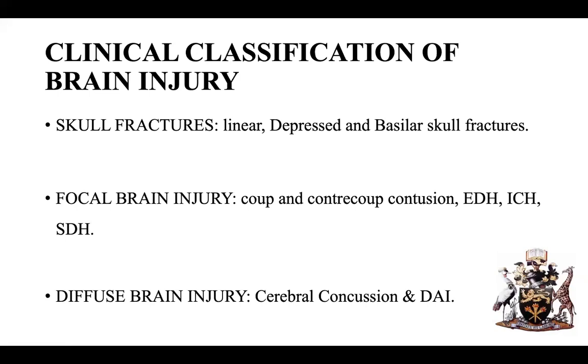You can have focal brain injuries, and here you can have the coup and contra-coup contusions, or you are hit on the side of the head and you get a temporal epidural hematoma and ICH, and the injury is focal to the area of the bleed. Or you can have diffuse brain injury, which can range from the mild concussion, which we usually call the mild head injury, to diffuse axonal injury, which is more common in severe head injury. And the prognosis can be good in concussions and poor in diffuse axonal injury.